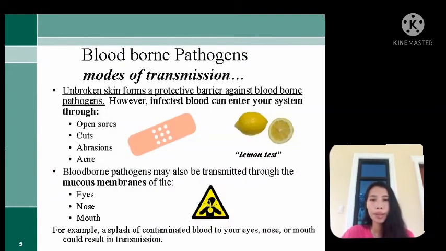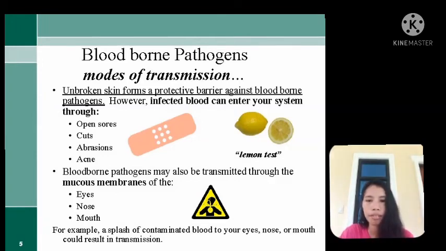Bloodborne pathogens' modes of transmission: unbroken skin forms a protective barrier against bloodborne pathogens. However, infected blood can enter your system through open sores, cuts, abrasions, and acne. Bloodborne pathogens may also be transmitted through the mucous membranes of the eyes, nose, and mouth.